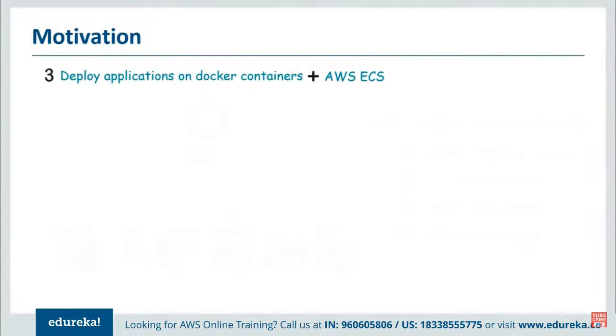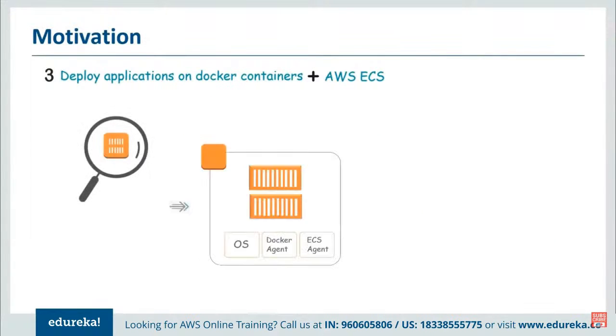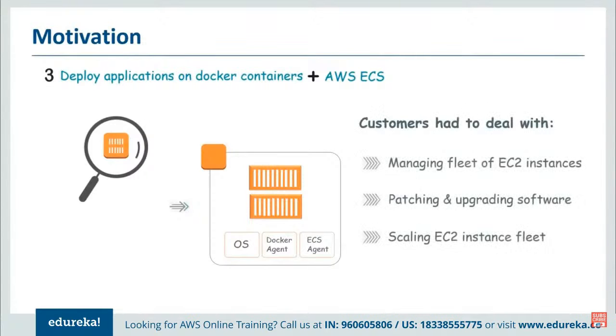Now, if we take a peek into one of these instances, you can see that an instance has a lot of containers, an entire operating system, a Docker daemon, which acts as an interface between different containers in the instance, and then you have the EC2 agent and many other system level libraries and software packages. Now, managing the system level libraries, packages, a lot of containers, and an entire operating system for a single instance is a relatively easy task. But suppose you have to do this for a fleet of instances, then obviously it will become a difficult task.